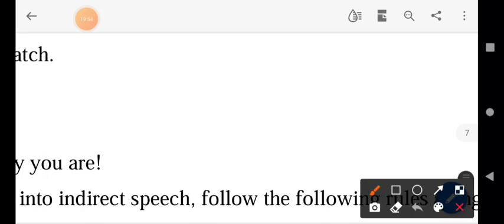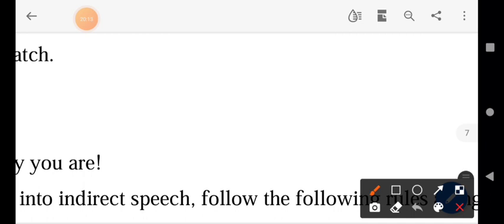Please understand the rules, regulations and instructions while changing from direct speech to indirect speech. The students should keep the rules of reported speech in mind.